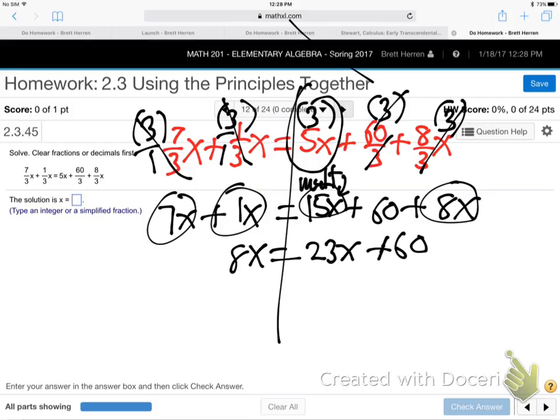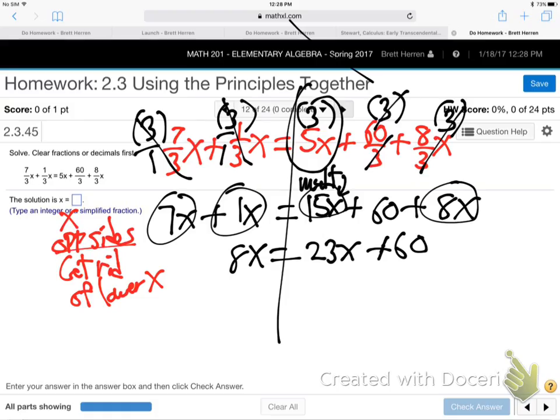Okay, now, what do we do with these x's on opposite sides of the wall? Remember when we have opposite sides, we get rid of the lower one? Those are on opposite sides. Who's the lower one? Yeah, the 8. So I'll write, x on opposite sides, get rid of lower x.